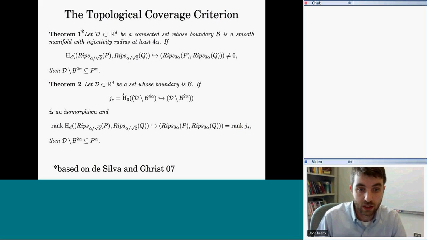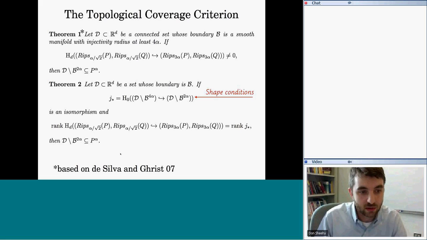The homomorphism on the homology is an isomorphism, which is really saying that when you shrink by 4 alpha and then go back out to shrinking only by 2 alpha, all the components persist. Exactly the components that persist are the components of those spaces.